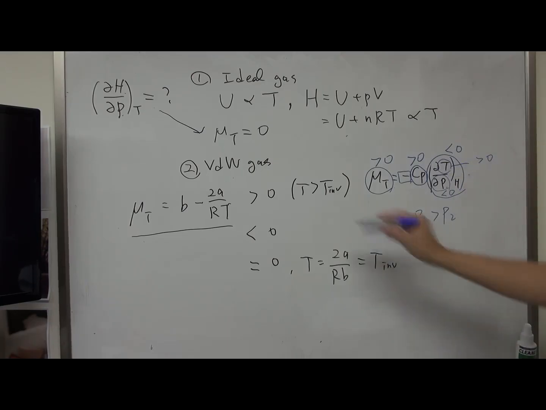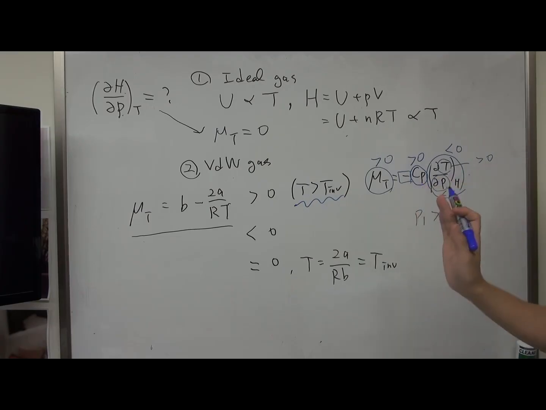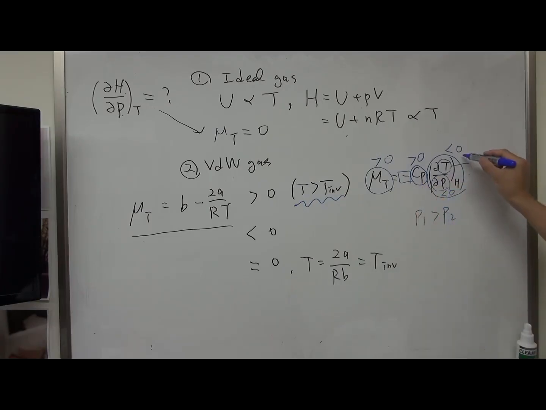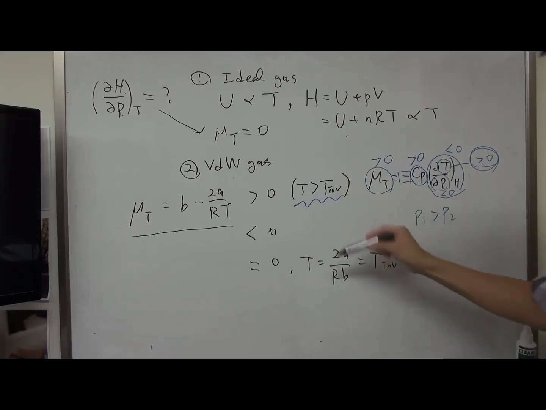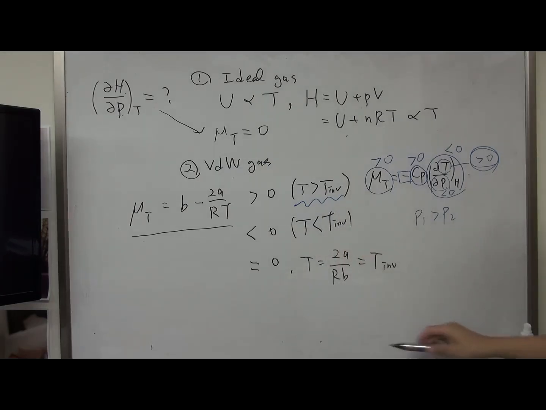In this case, when temperature is larger than inversion temperature, if you do this Joule-Thomson experiment, if you expand gas through small holes, through throttle or porous partition, the temperature of gases increases. On the other hand, when temperature is smaller than inversion temperature, the opposite.